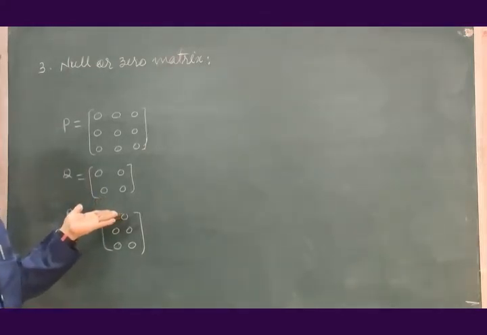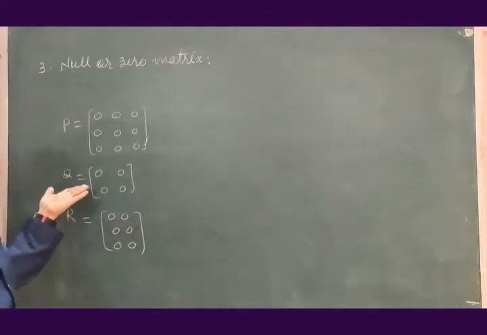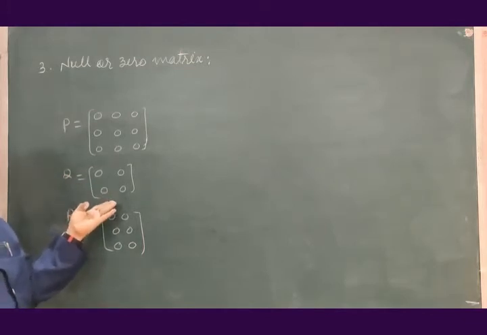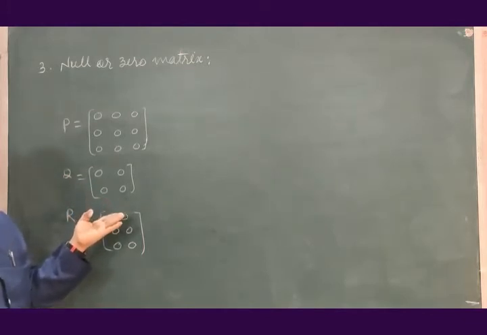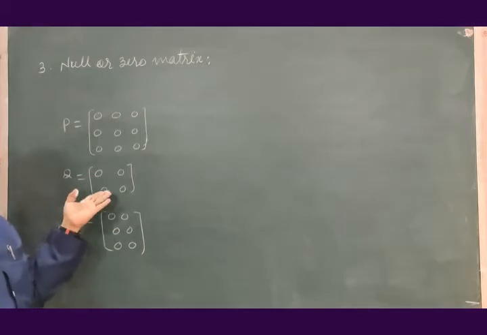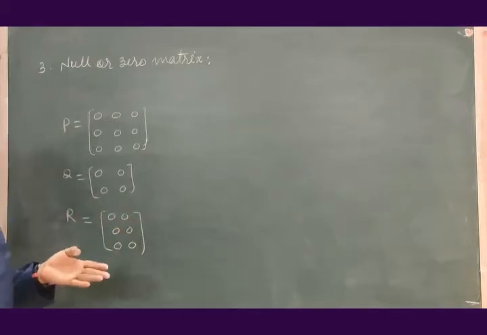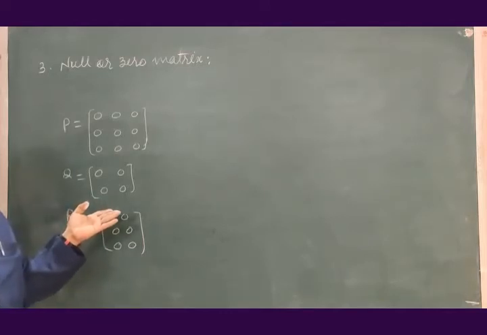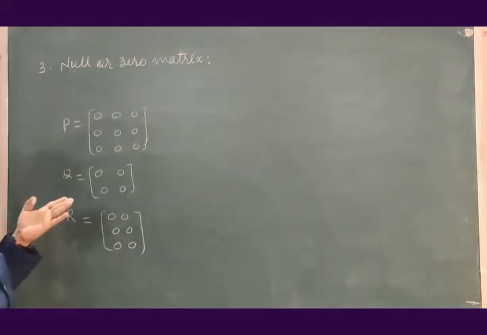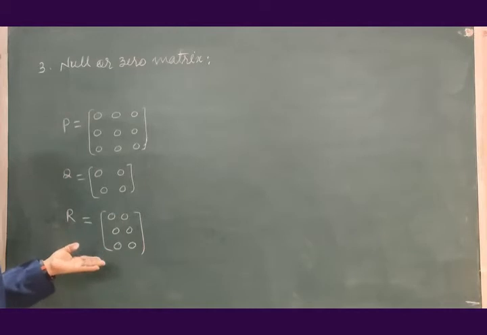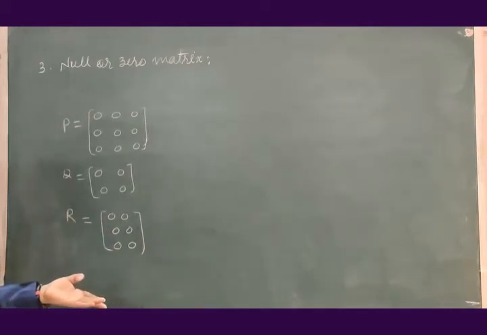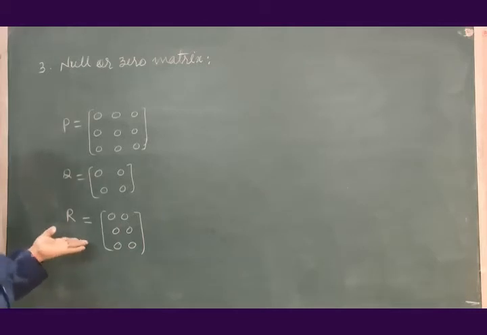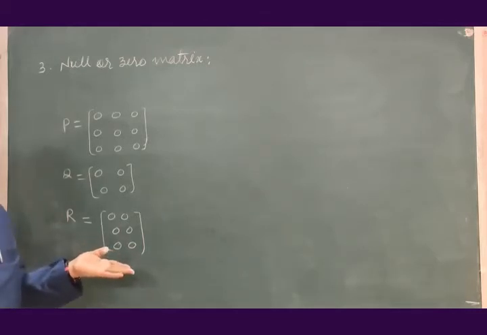Come to the second matrix, Q. All elements of matrix Q are 0. So, matrix Q is a null matrix or 0 matrix, and its order is 2 by 2. Come to matrix R. All elements of matrix R are 0, and therefore matrix R is a null matrix or a 0 matrix.